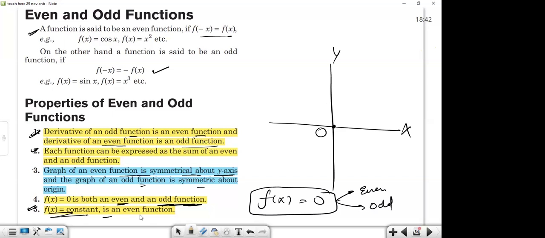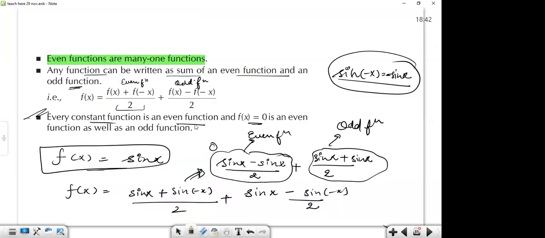Any constant function is an even function. Same points have been repeated here also. Every constant function is an even function, and 0 is an even and odd function as well. Even functions are many-one functions. Why? Because f of x is also f of x, and f of minus x is also f of x.